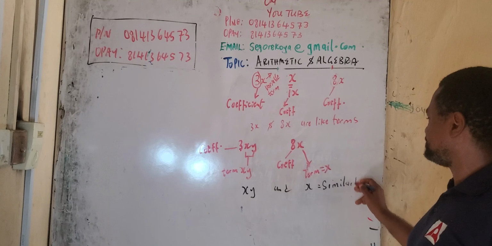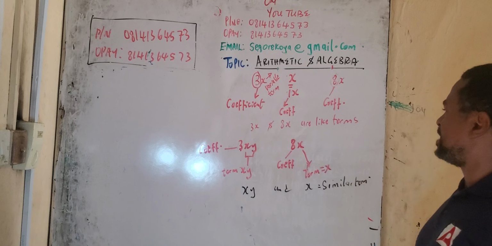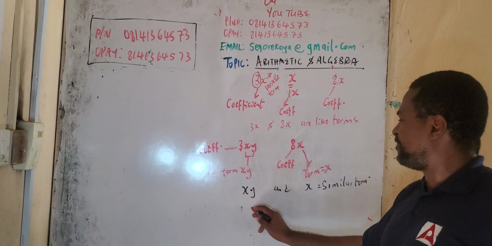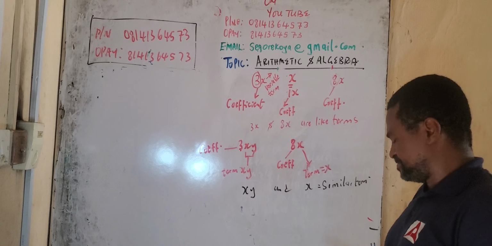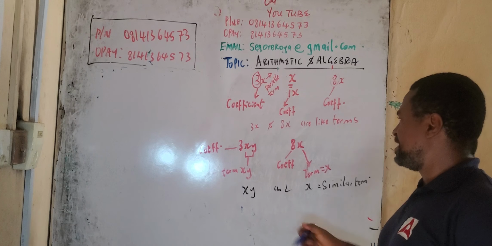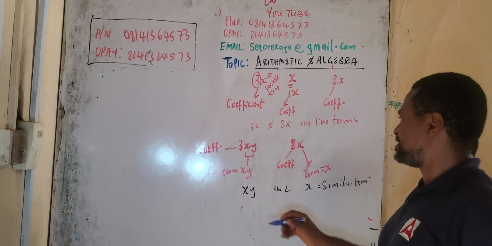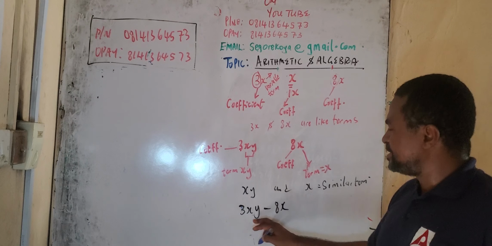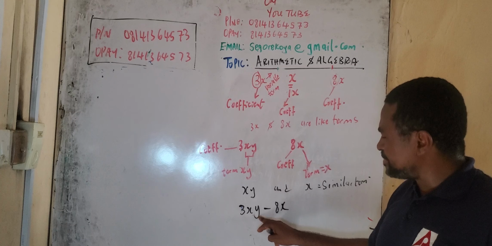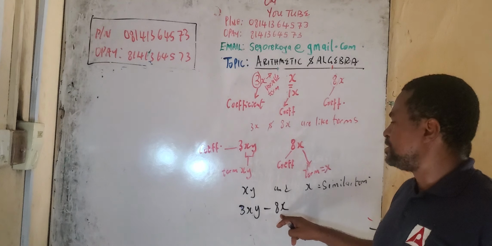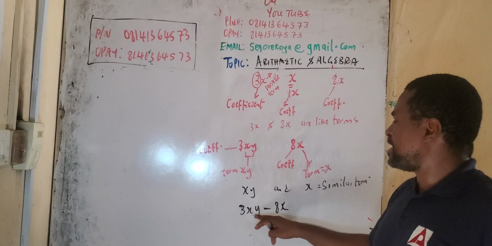So, for instance, let's say I have 3xy minus 8x. Like I said, this is a term xy and this is another term x. So in that case, we can factorize what is common in these similar terms.